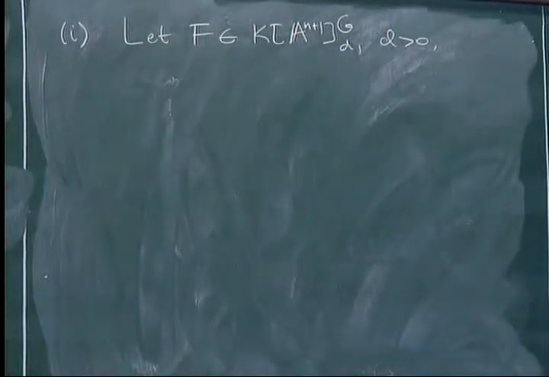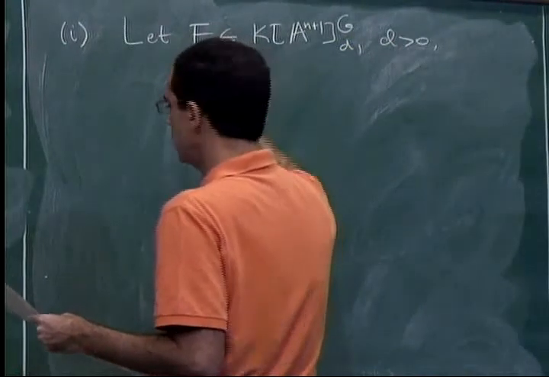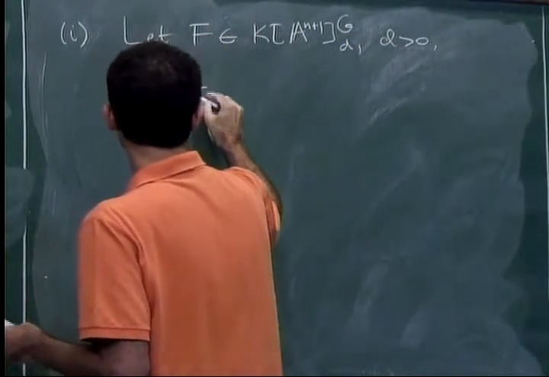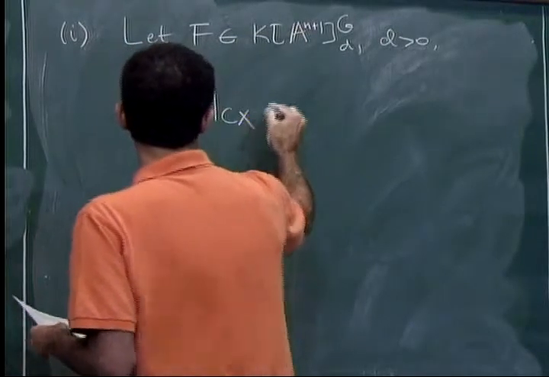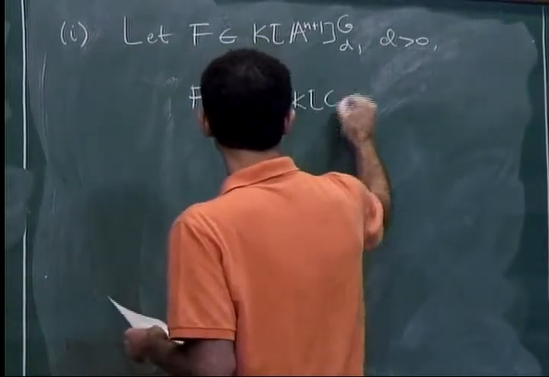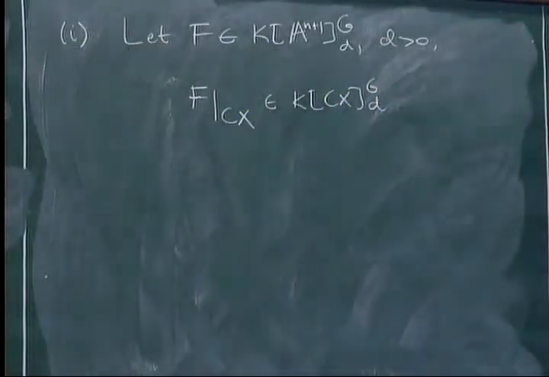Since it's invariant, it gives you, when you restrict to the cone of X, a homogeneous element in here.